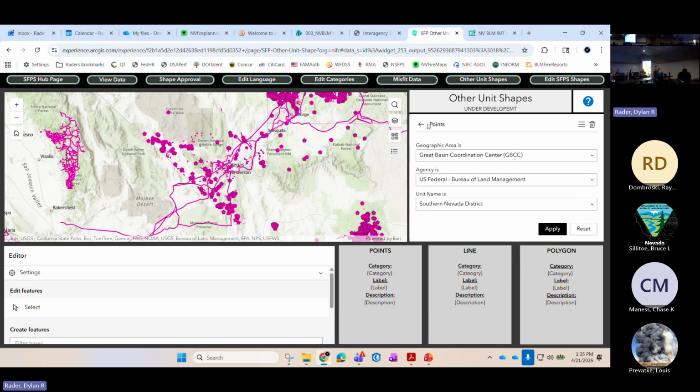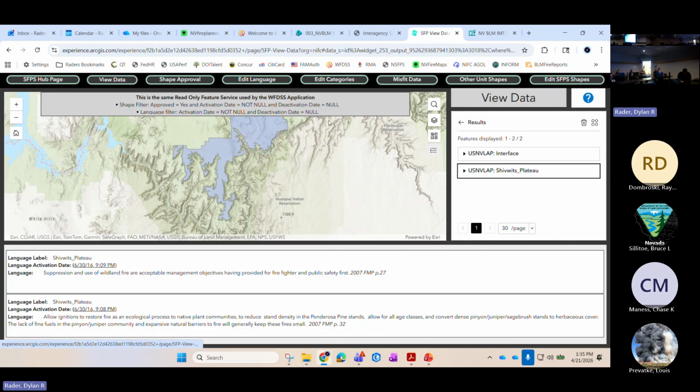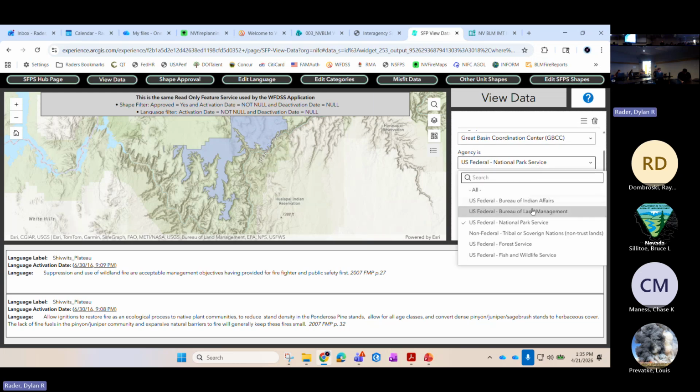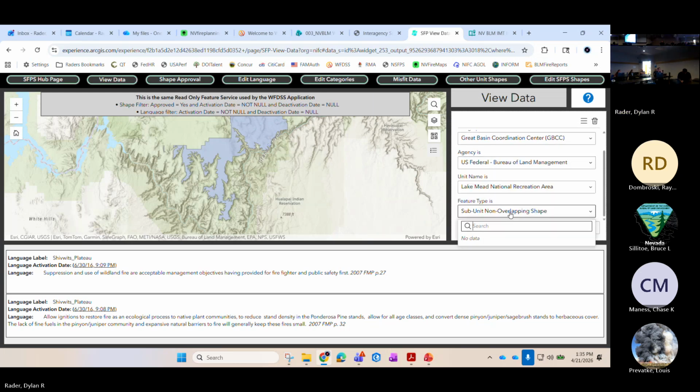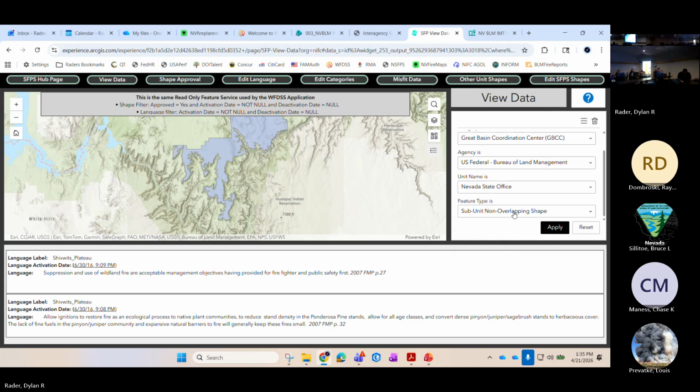So the other part, if I go back into view data, you'll notice here, if I go through that same menu but select Nevada State Office, it opens up a multi-unit shape.